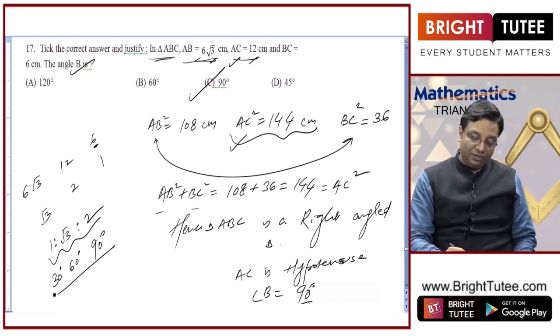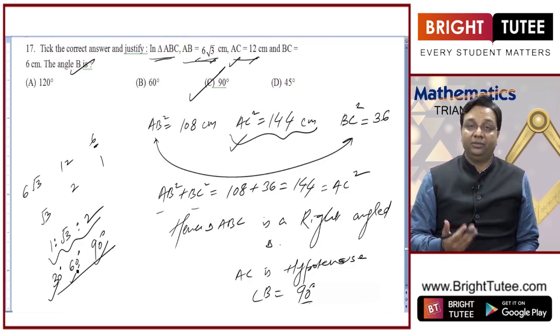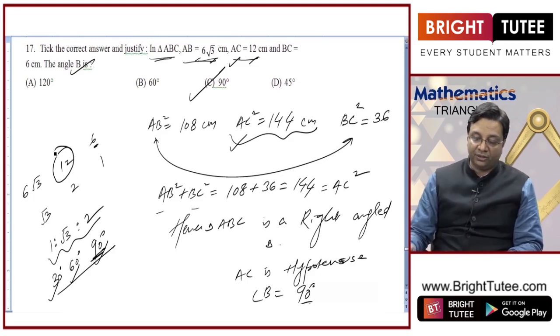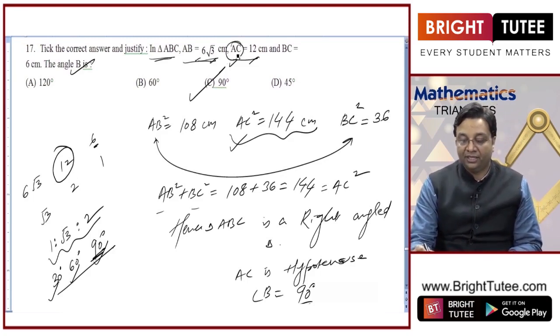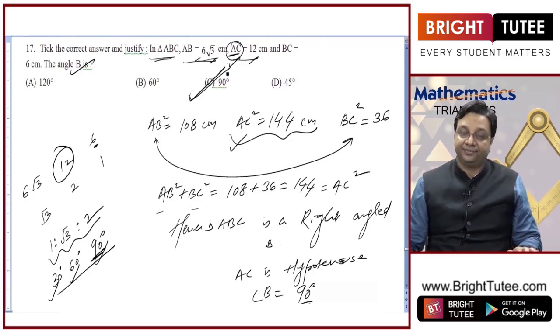That means one of the angles is going to be 90, one 30, and one obviously 60 degrees, and the side opposite to 90 degrees is going to be the biggest side, which in this case is AC. So, the angle opposite to AC, that is angle B, is 90 degrees.